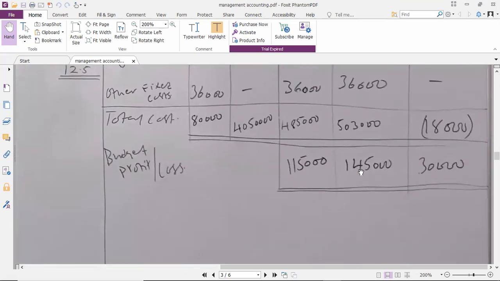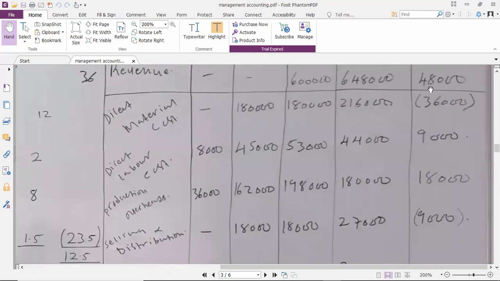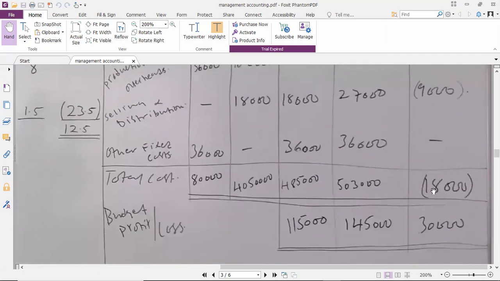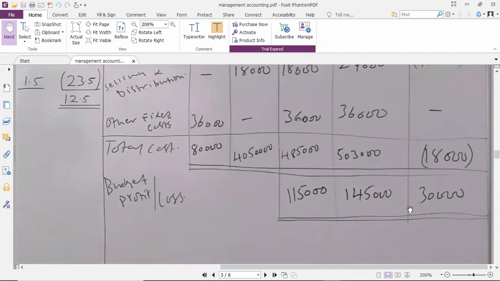Now, to get the budget profit or loss, it is the revenue minus the total cost. So the 600 minus this will give me that. The 648 minus this will give me this. So the difference between the 150 and the 145 will give me 30,000. The same way, the revenue variance of 48,000 minus the negative cost variance of 18,000 should give me a positive 30,000 you are seeing over here.